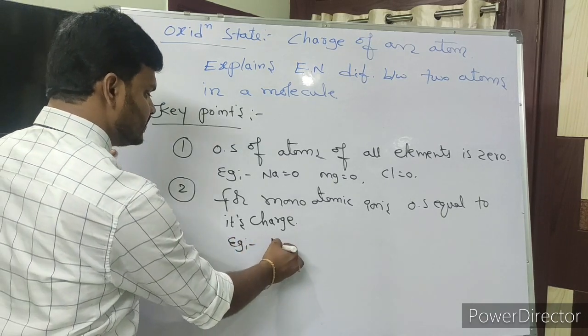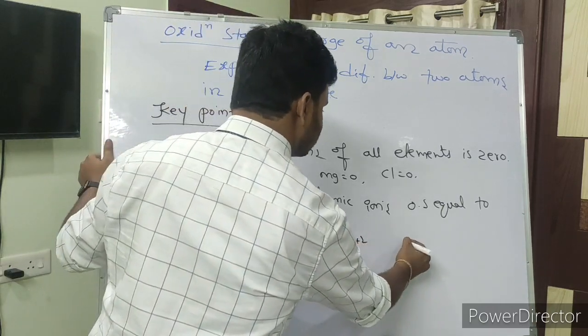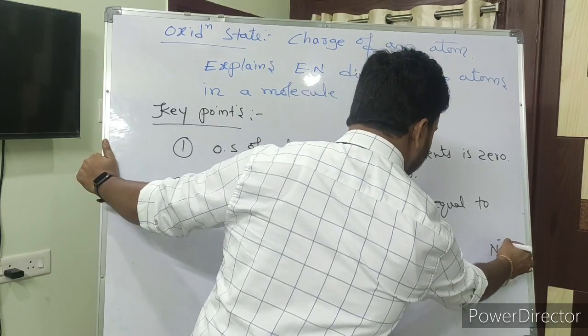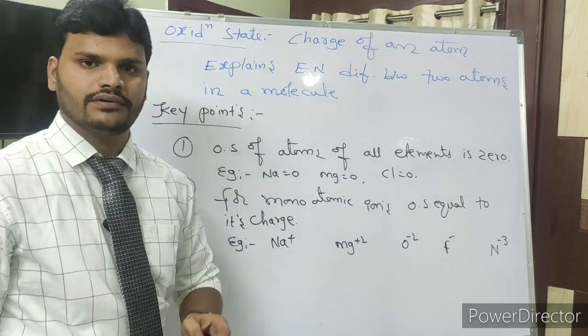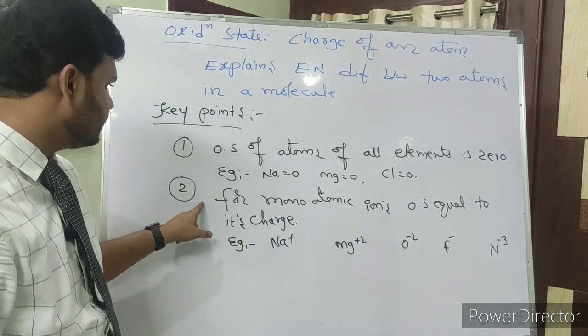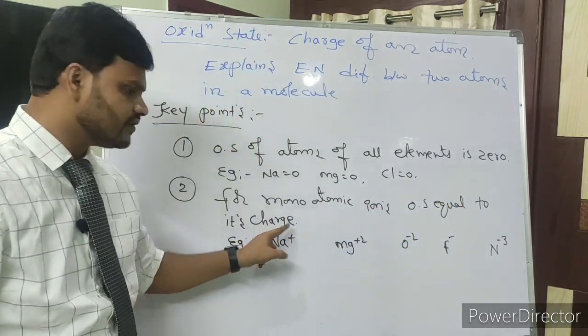Suppose you get a question like this: Na+ oxidation state, Mg2+ oxidation state, O2- oxidation state, F- oxidation state, N3- oxidation state. The answer becomes very simple. Why? Because the key point is: for monoatomic ions, oxidation state equals its charge.